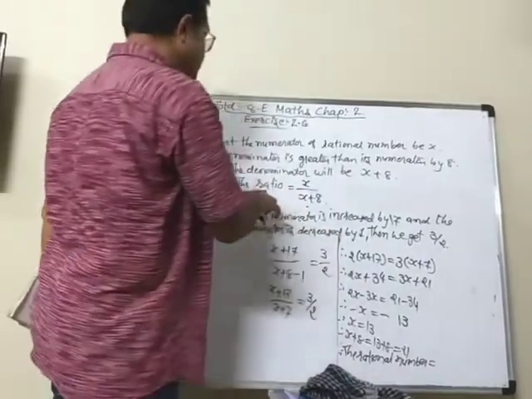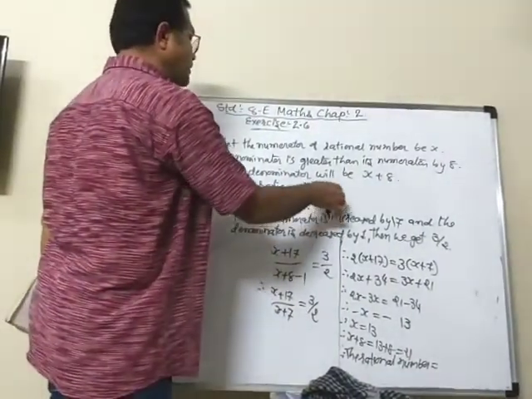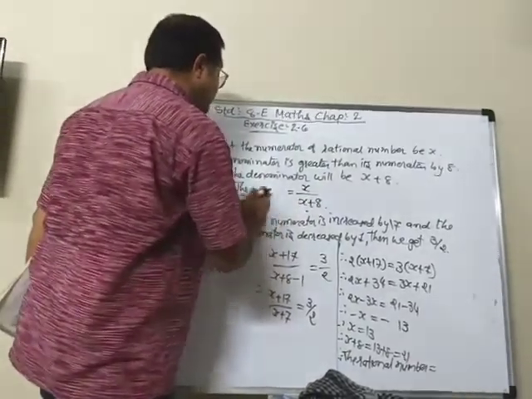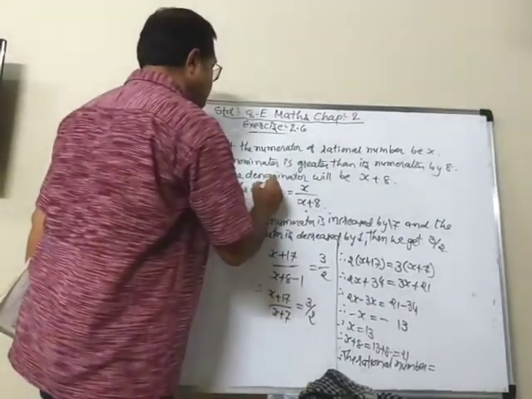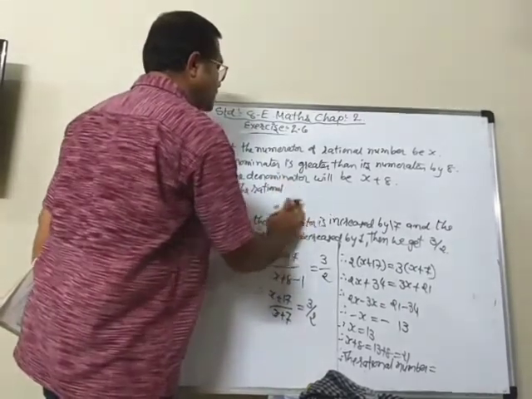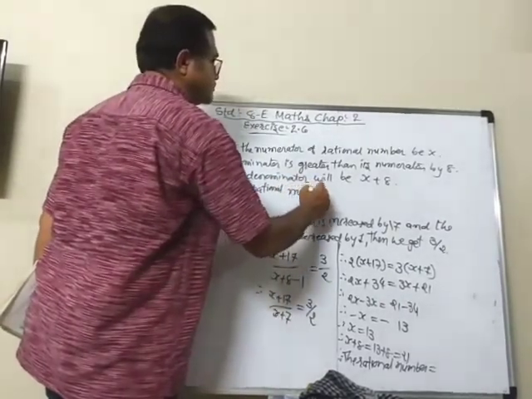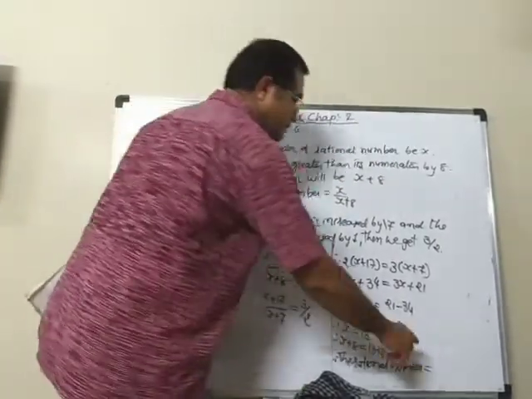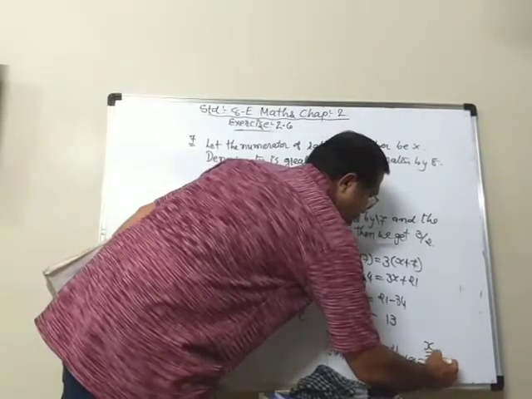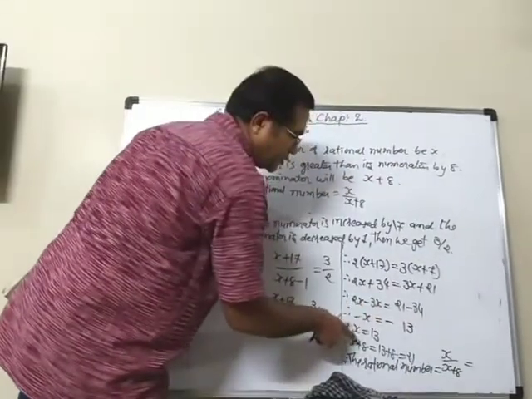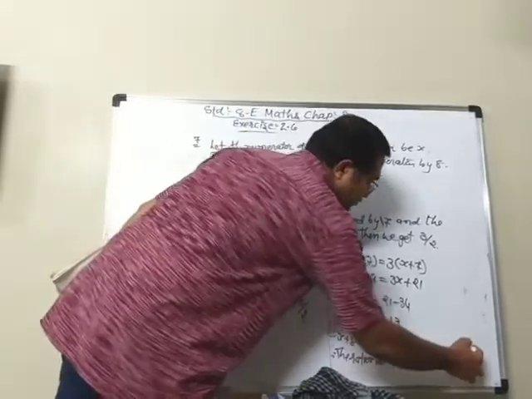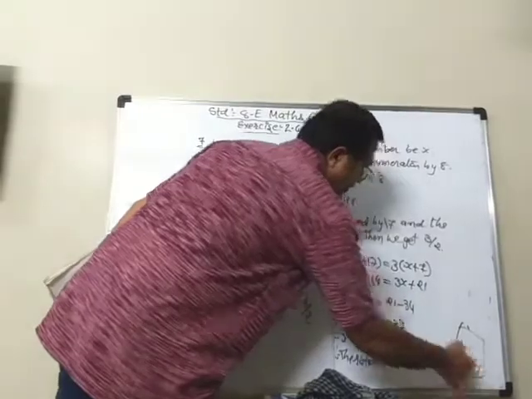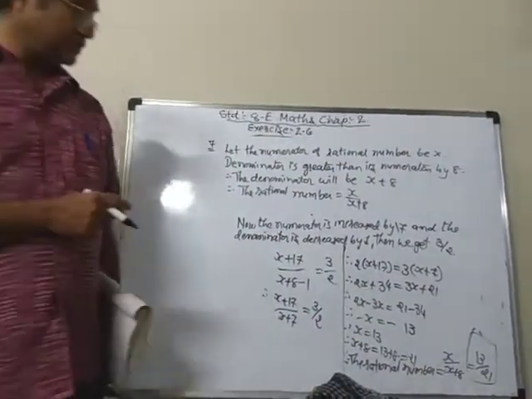What did you take in the beginning for the rational number? X upon x plus 8. Here we should write down rational number x upon x plus 8. We got both the values 13 and 21. So answer is 13 upon 21. That will be your final answer.